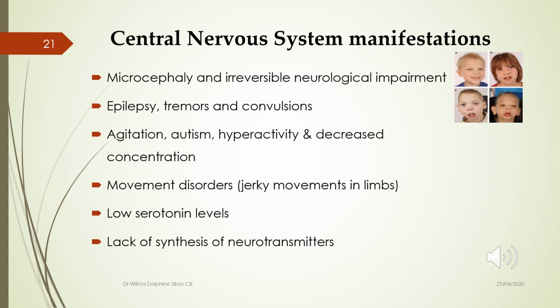If tetrahydrobiopterin is defective, that means either the regeneration of tetrahydrobiopterin or its synthesis from GTP is affected, there will be a decrease in catecholamine formation. So we can find lack of synthesis of neurotransmitters.